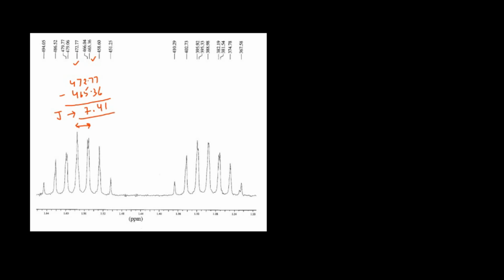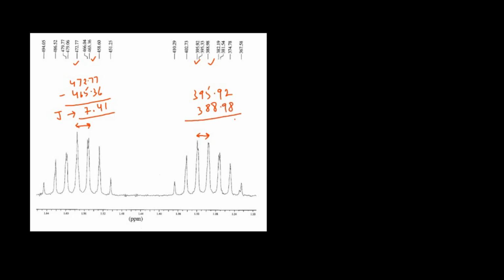Similarly, in the second one, say for example, if you want to calculate the coupling constant, you will take this particular value of 395.92, and this is the second coupling constant, which is 388.98, right?